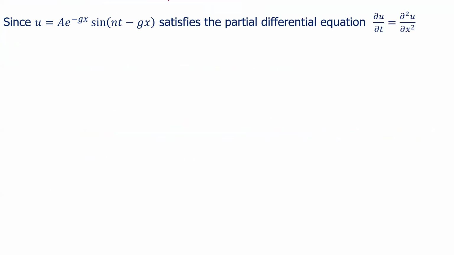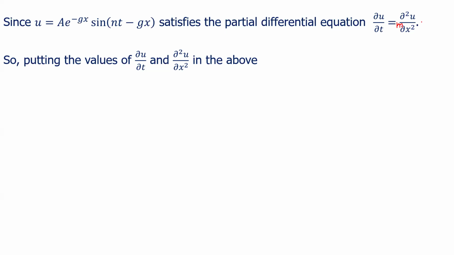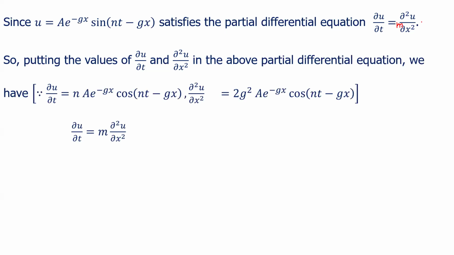Now, since u is equal to a e to the power minus gx sin(nt minus gx) satisfies the partial differential equation del u del t equal to m del 2u del x square, let us put the values in.